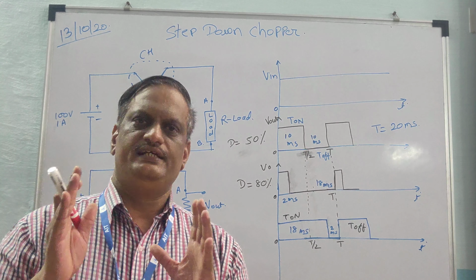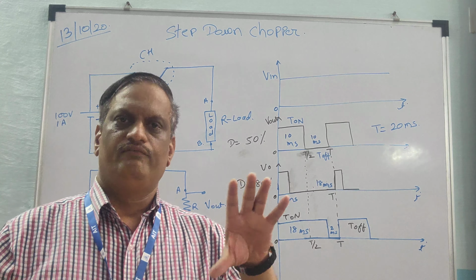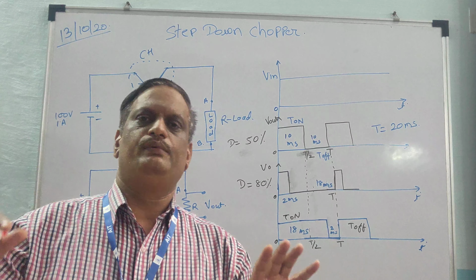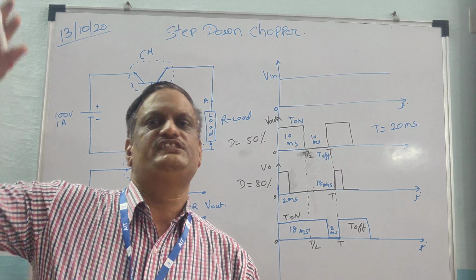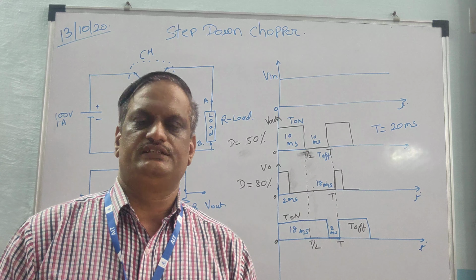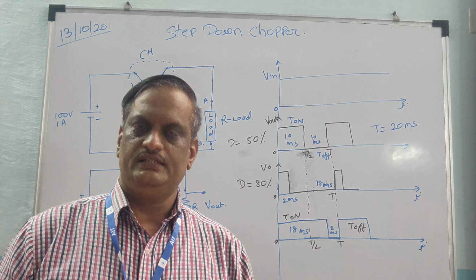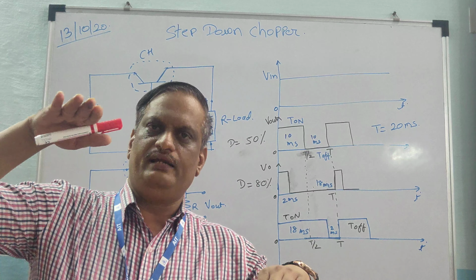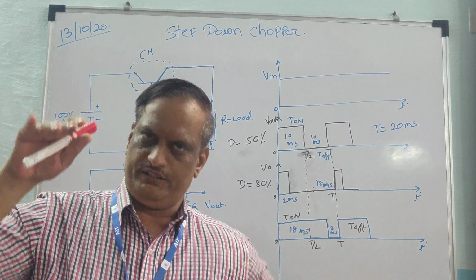Means the chopper is one type of converter in which you are converting fixed DC voltage into the variable DC voltage. That voltage will either be stepped down or stepped up. For today's discussion, we are considering the step down chopper, which means we want to convert the higher constant DC voltage into the lower variable DC voltage.